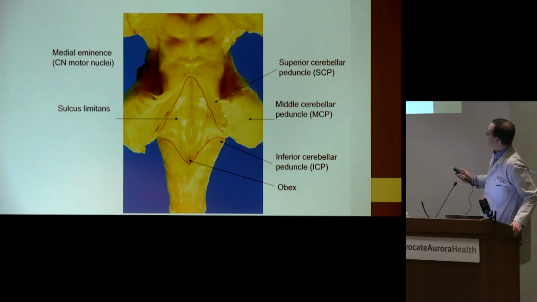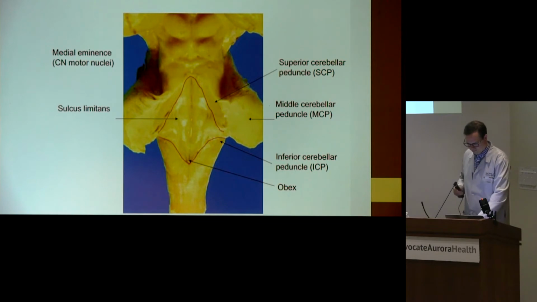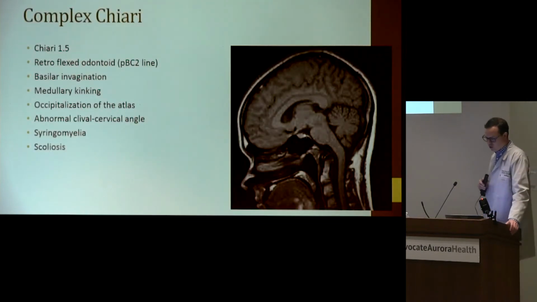This is a cadaver model kind of showing the same thing there, okay, where the obex is. The fourth ventricle, cerebellum removed on each side, midbrain above there. So there are some other features that are really important to look for on any patient who you're seeing with Chiari to pick out whether it's a Chiari 1.5 or not.